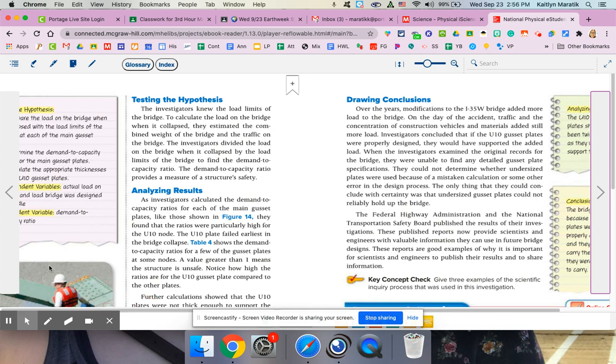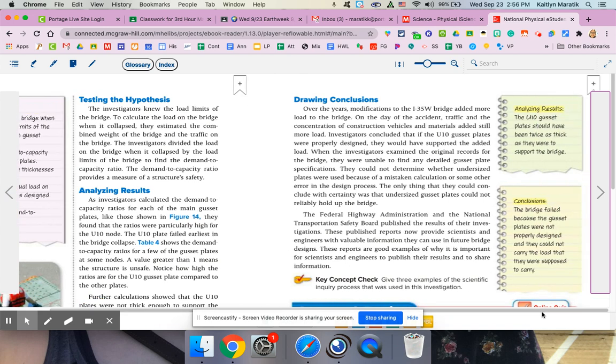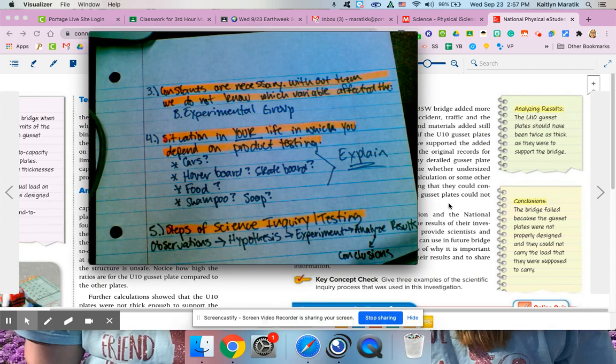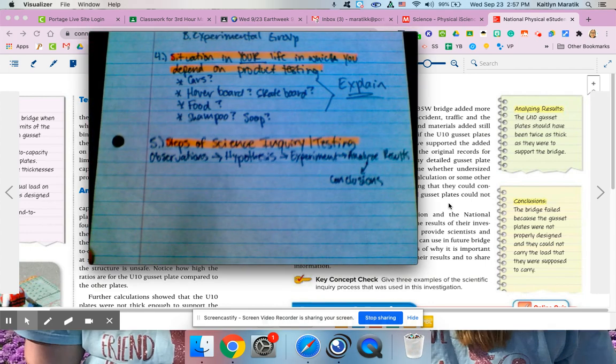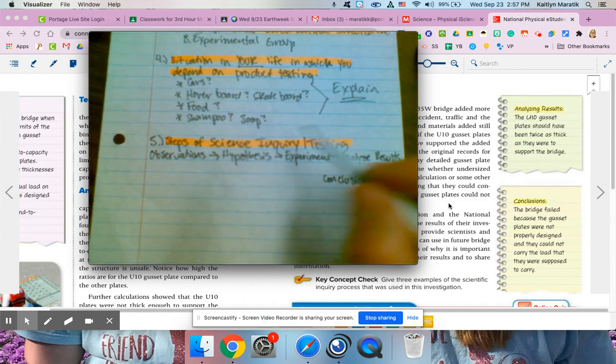So after we have our hypothesis, we need to test what's happening, or experiment. And then we've got to analyze our results. My paper is not quite long enough because our last thing is our conclusions. And if at any point any of these are not correct or it doesn't give us information that's correct, they loop back and they start again.